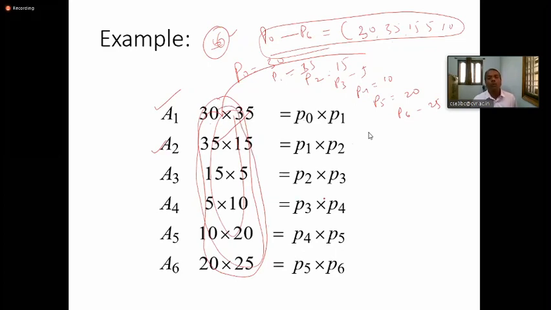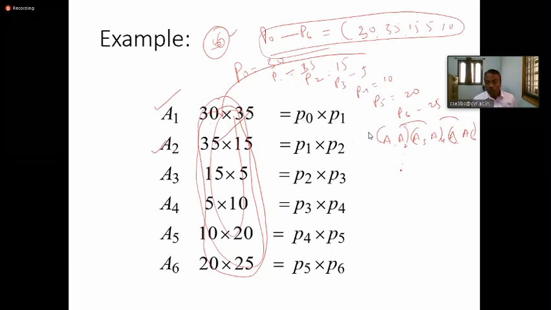Now here 6 matrices are there. The question is for the 6 matrices A1, A2, A3, A4, A5, A6. Whether we have to multiply these two first, these two second, these two third, and after that this one, this one. But again, you have to multiply.